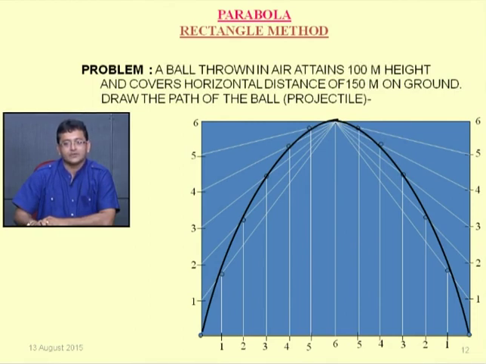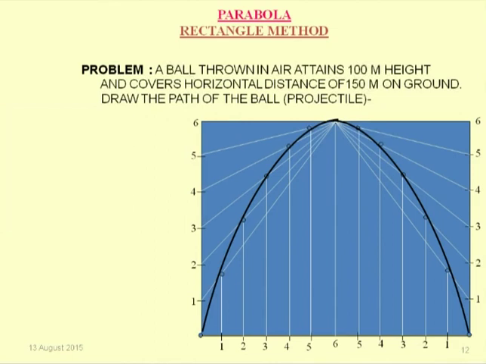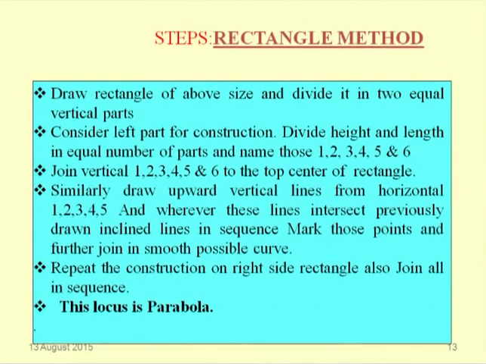So I hope you understand how to draw a parabola by the rectangle method. It is a very easy method to understand. These are the steps. You can take reference of these steps to draw another problem of drawing a parabola by the rectangle method.